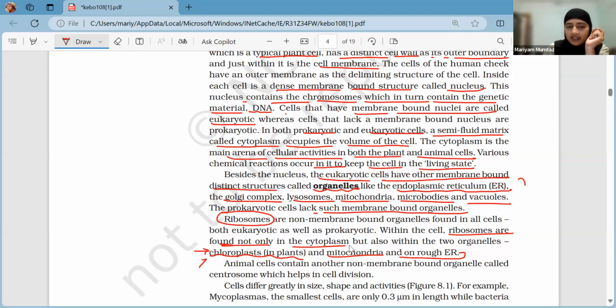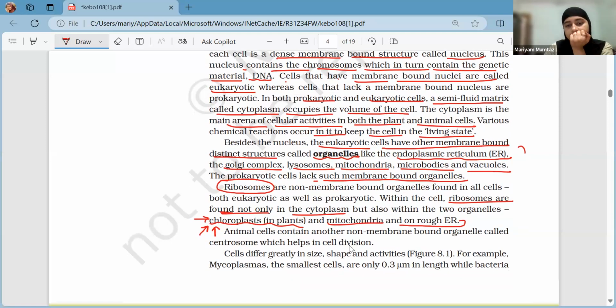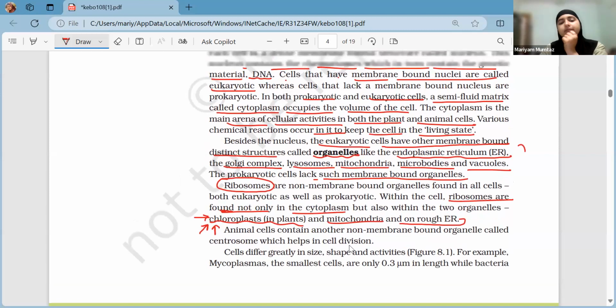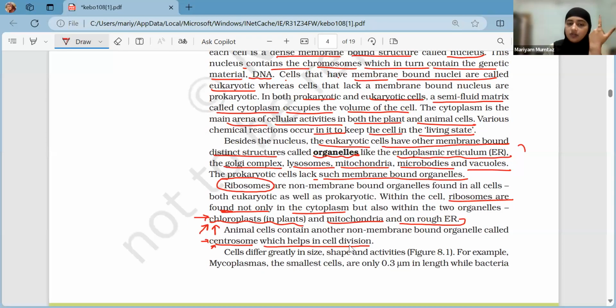And chloroplast contains what? Chlorophyll. Now, animal cells contain another non-membrane-bound organelle known as the centrosome, which helps in cell division. We will talk about it in depth when we talk about the cell cycle.